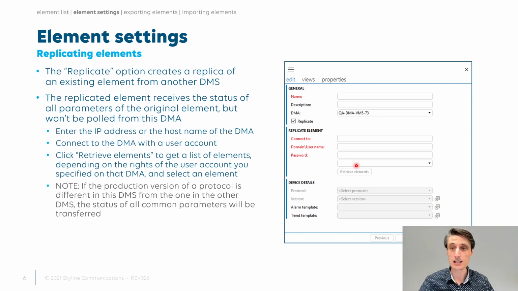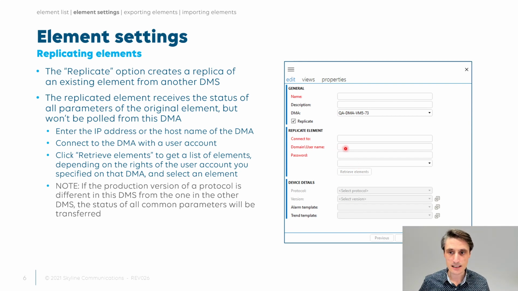And what will happen is on this DataMiner system, where I'm adding this replicated element, it will not go directly to the device or the data source. It will actually ask the other DataMiner agent, which is already interrogating the element and getting all the information from the data source, to just pass it onwards to this DataMiner. So this way you avoid double polling. There is already a DataMiner agent polling the information, so I just ask this DataMiner agent to pass it on.